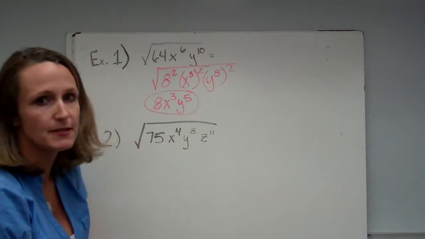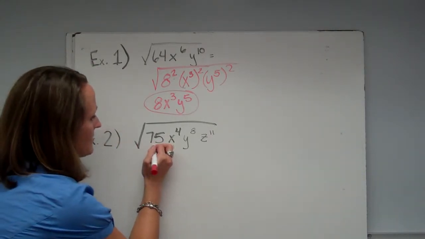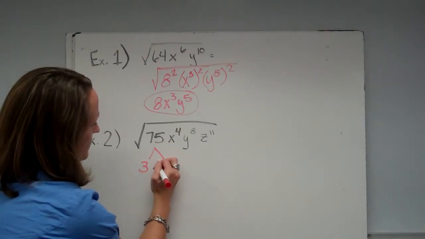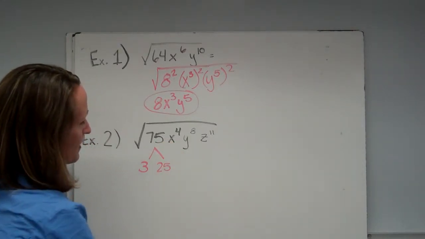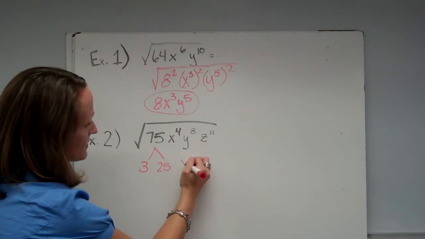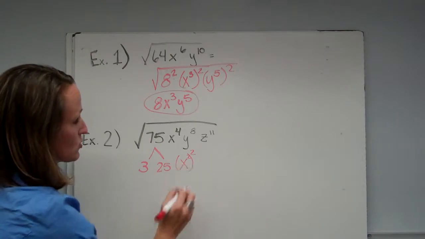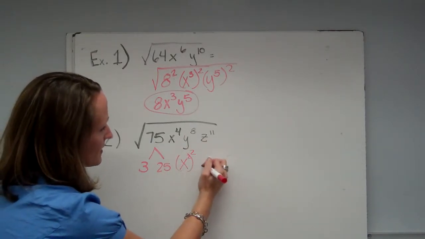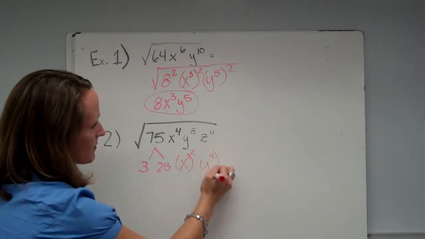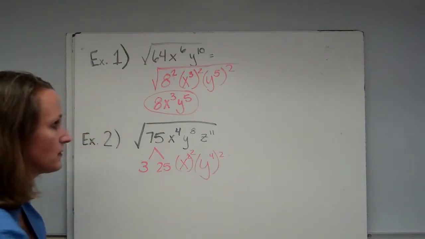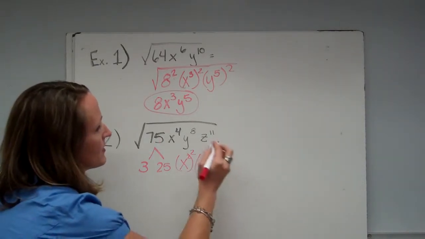So let's look at another example. I know that 75 breaks down to 3 times 25. And x to the 4th is the same as x squared squared. Y to the 8th is the same as y to the 4th squared. What about z to the 11th?